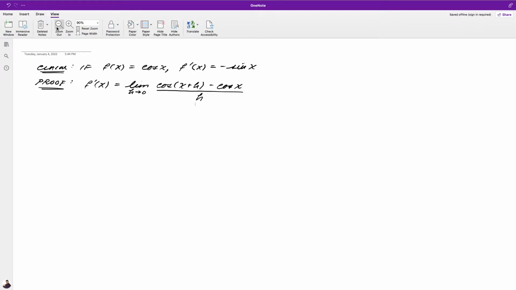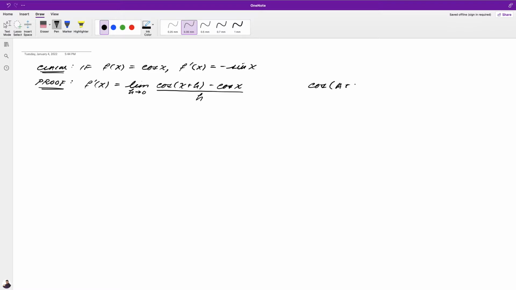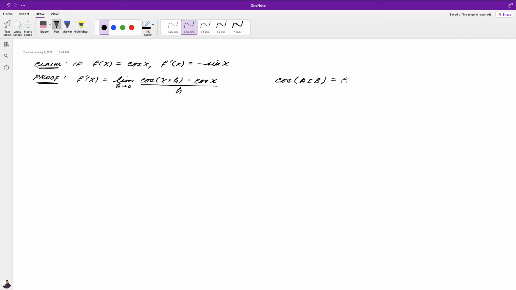All right, now I am going to use the expansion formula, the identity for the cosine of a sum, which I've proven in another video, so feel free to access that if you so desire. I will establish it right here, though. If you have the cosine of a sum or difference, that's going to give us the cosine of A times the cosine of B minus or plus sine A sine B. So if it's a sum, it's a difference in the expansion.